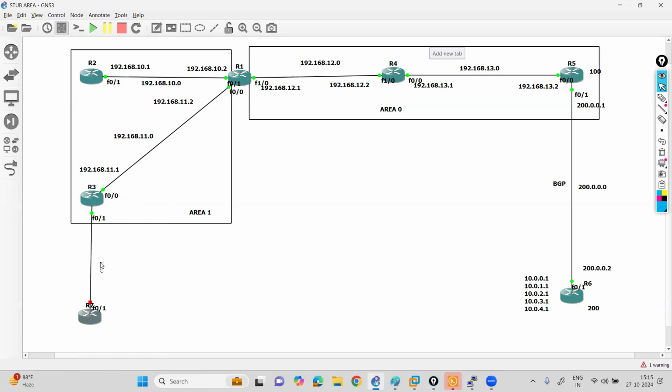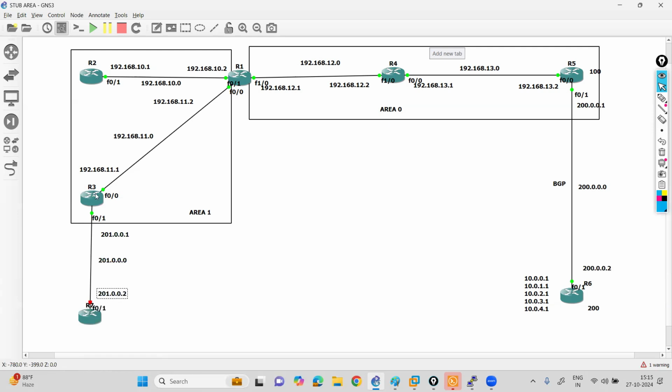Let's use any other network actually. The 201.0.0.0 network is available here. The 201.0.0.1 and 201.0.0.2 IP addresses are available here.